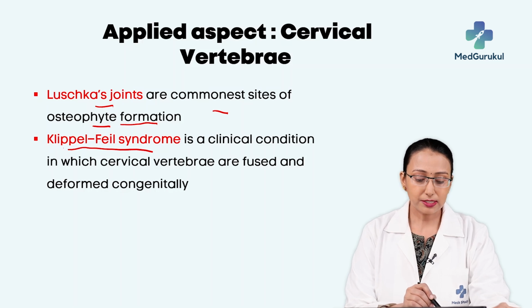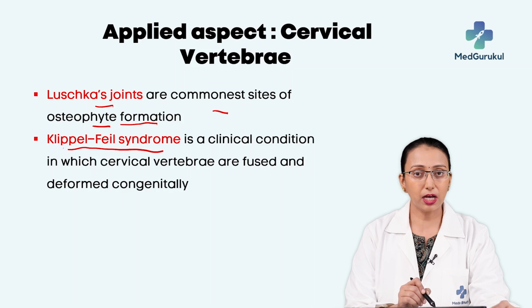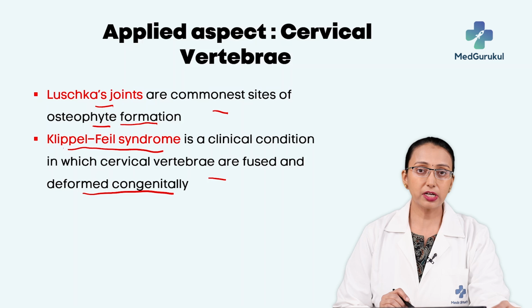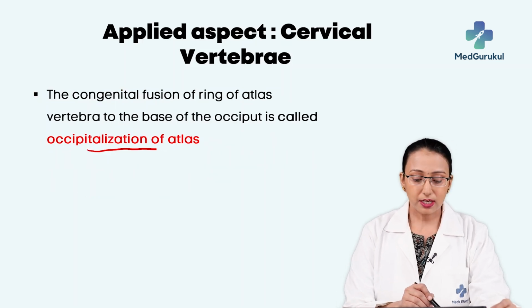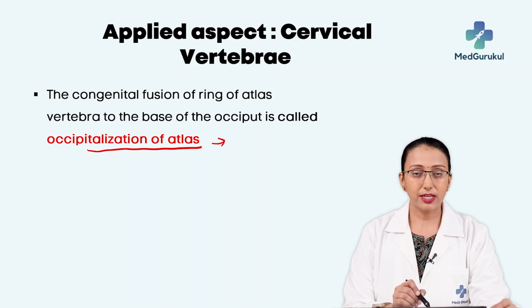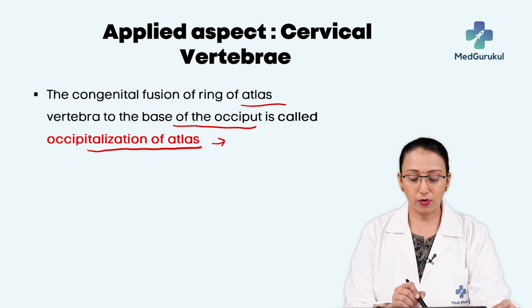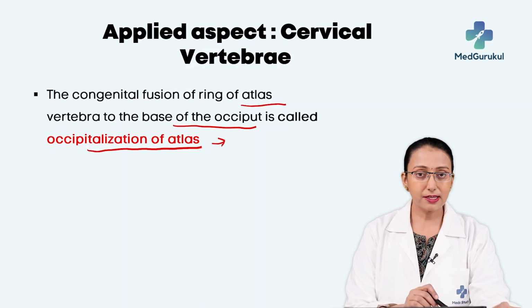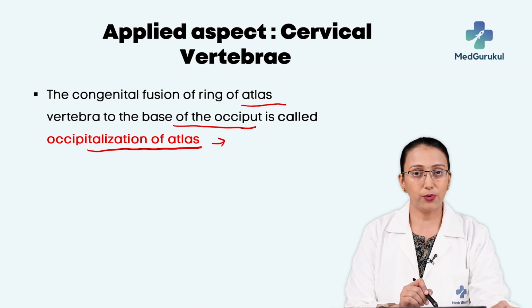Then Klippel-Feil syndrome. It is a clinical condition in which the cervical vertebrae are fused and deformed congenitally, leading to difficulty in cervical movement. Then the occipitalization of the atlas, this is also one more clinical aspect wherein there is congenital fusion of the atlas vertebra to the base of the occipital bone, hence called occipitalization of the atlas vertebra.